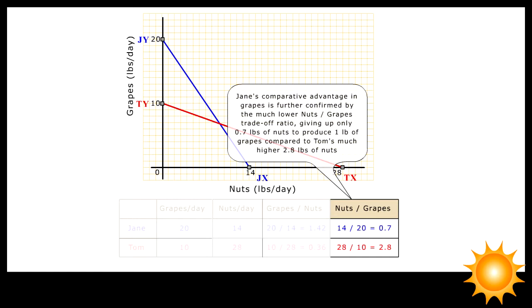To do this, we simply divide the maximum nuts output by the maximum grapes output for each worker. For Jane, she has to give up 0.7 units of nuts for each unit of grapes, while Tom has to give up 2.8 units of nuts for each unit of grapes. That is 4 times as high as Jane.